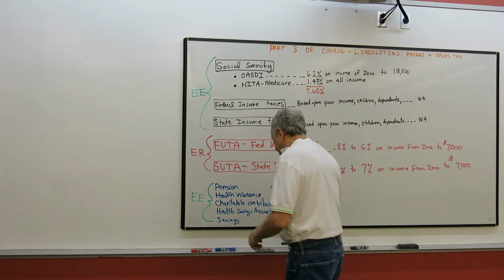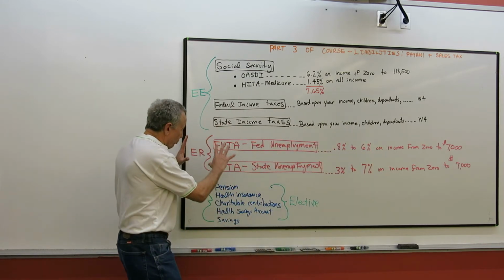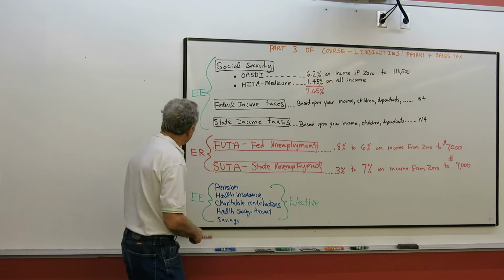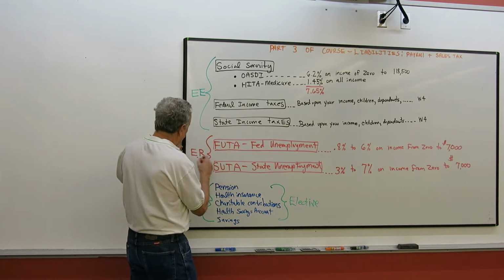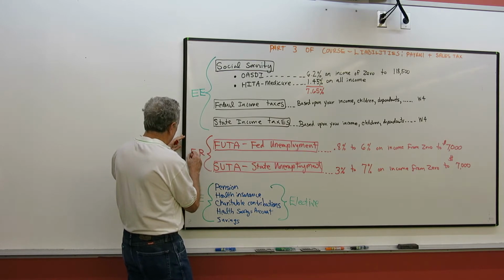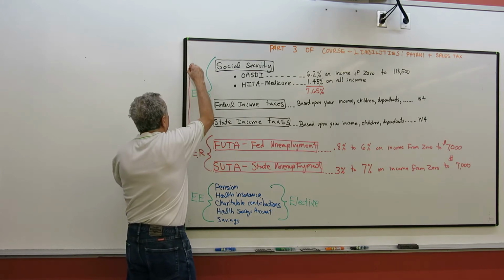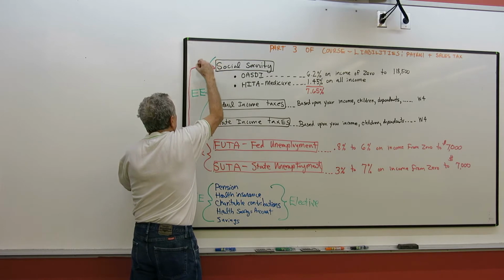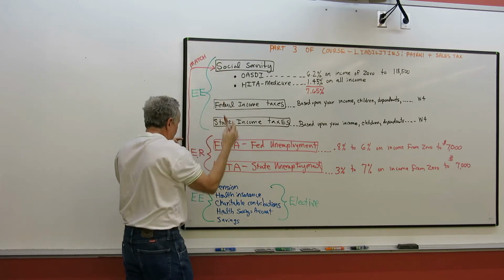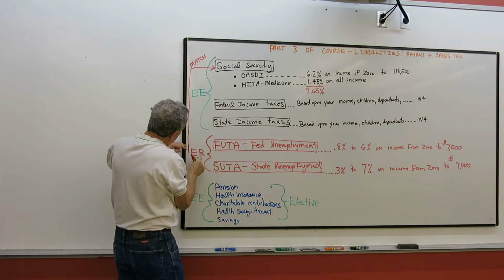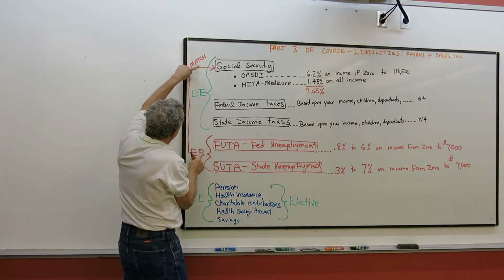One other thing that I should say, as I said, your employer pays these, but guess what? Your employer also has to match. Let me do it this way. Let's draw an arrow up here. And let's write match, M-A-T-C-H. The employer has to pay this too.